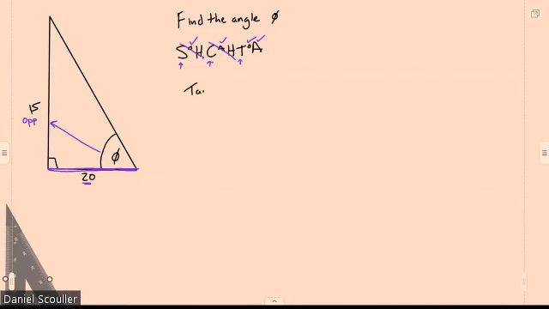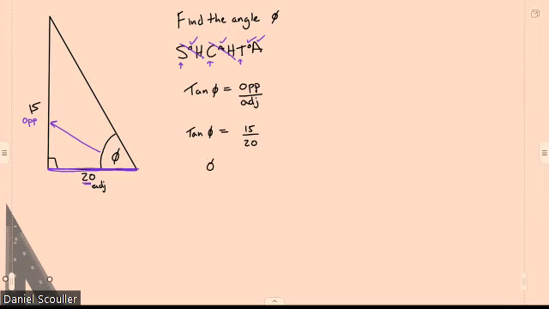So tan of the angle is equal to opposite over adjacent. Putting in the information we know: we don't know the angle, we've got the opposite, which is 15, and we've got the adjacent, which is 20. Now when we move over the tan, or sine or cos even, how we do that in a calculator is important to know.